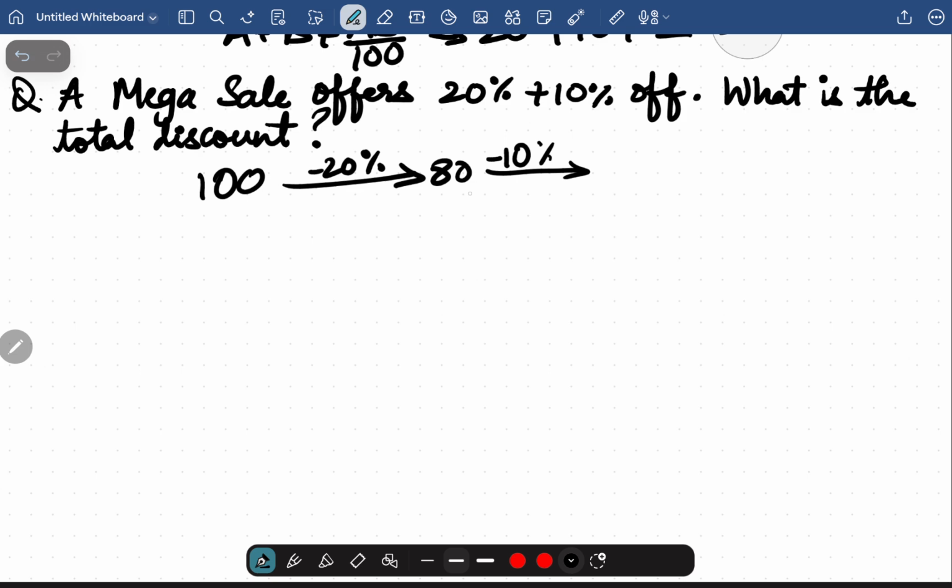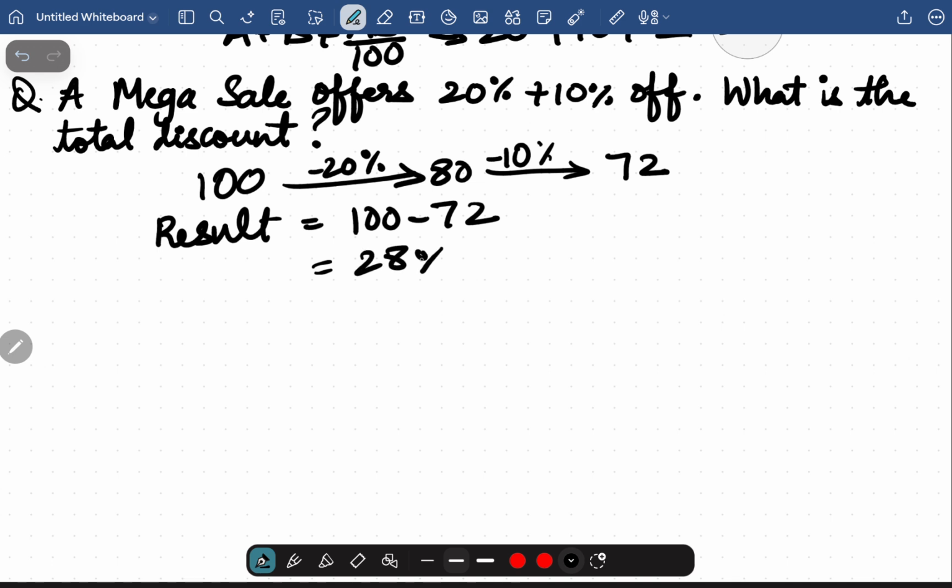So we have to subtract 8 from 80, which is 72. So now let's get to the result, which is 100 minus 72. It's nothing but 28%. See, it's a marketing trick that is used everywhere in the world. Some people blindly believe that it's 30% off. No, it's just 28%.